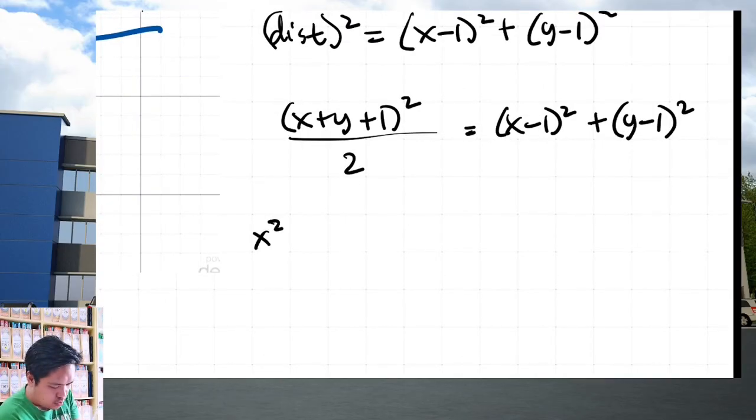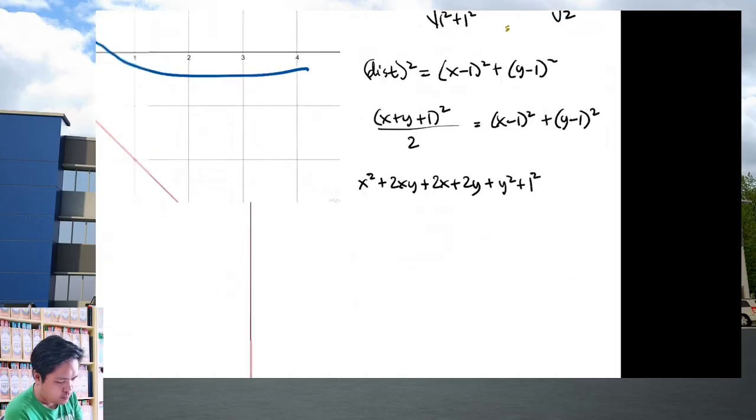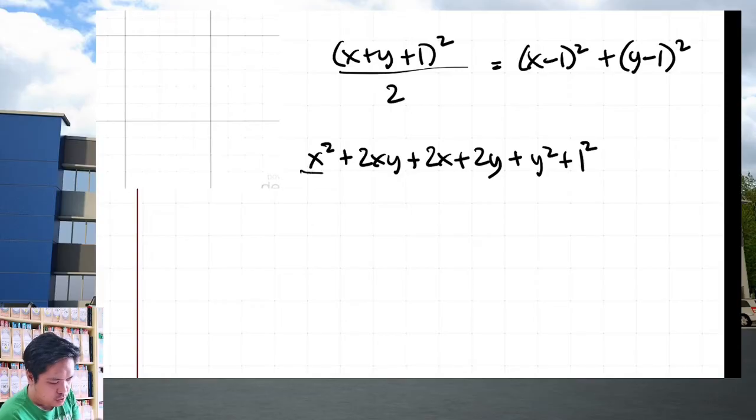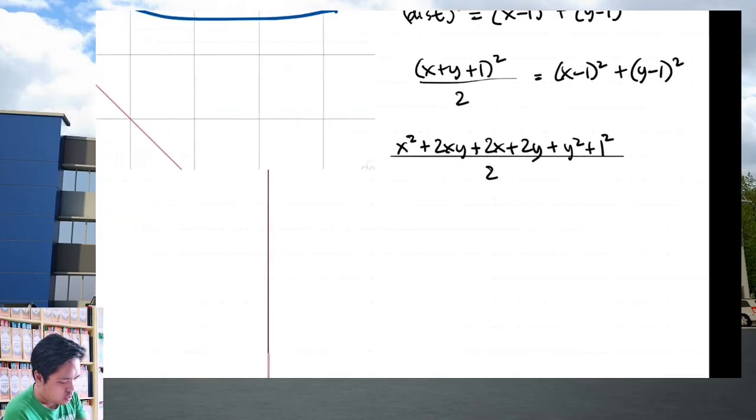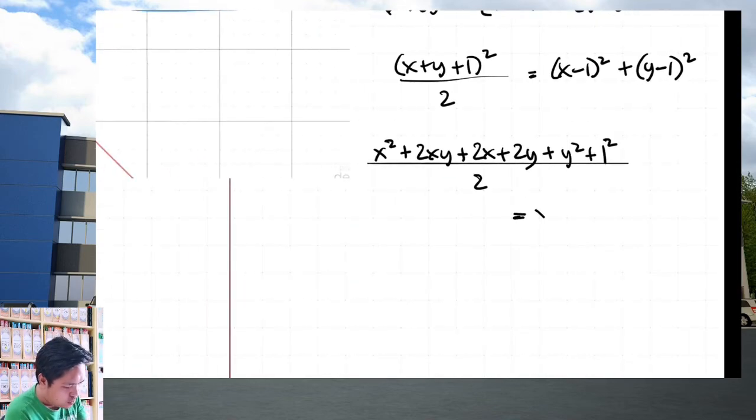We have x squared plus 2xy plus 2x plus 2y plus y squared plus 1, over 2, equal to the expansion of x minus 1 squared, that's x squared minus 2x plus 1, then the expansion of y minus 1 squared, that's y squared minus 2y plus 1.